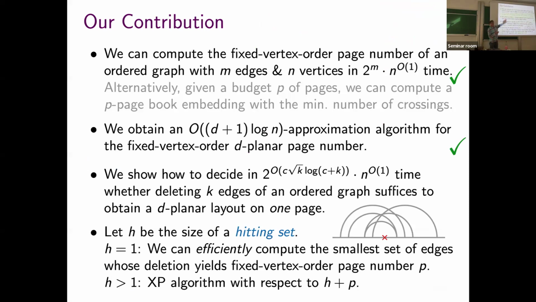We compute the same solution, but since if you admit a certain number of crossings per edge, you cannot save so many pages, the d-planar page number is not much smaller than the planar page number. And so the same solution gives you also an approximation for the non-planar case.